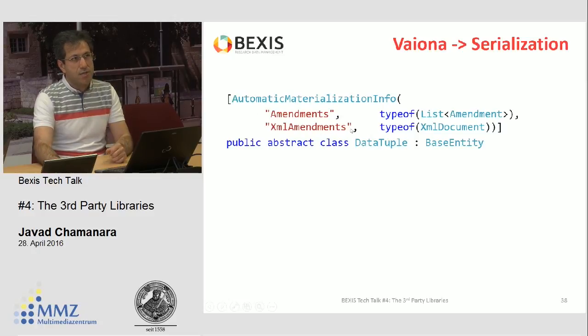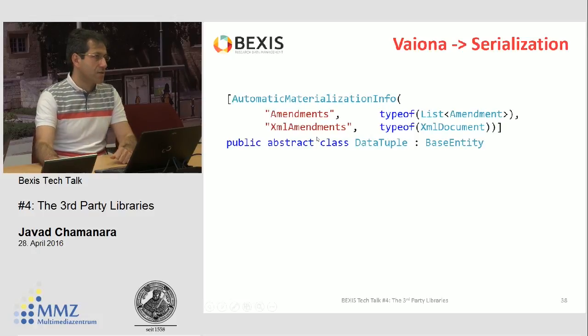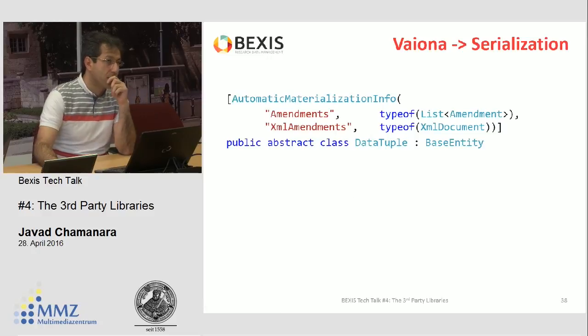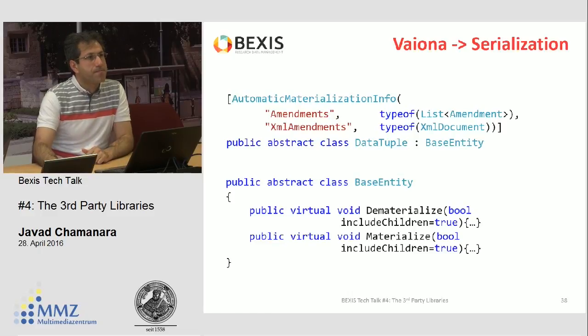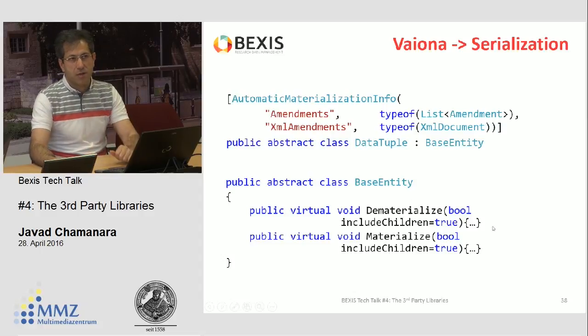It's just this one that is stored in the database. And then on retrieval, this will populate this one. And on storing, this one will populate this one or update this one. And this is some sort of transparent to the user, or with minimal footprint to the user. So when we have this, then you see materialize and dematerialize are using this information to do whatever I just explained.